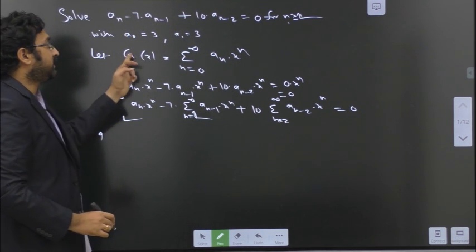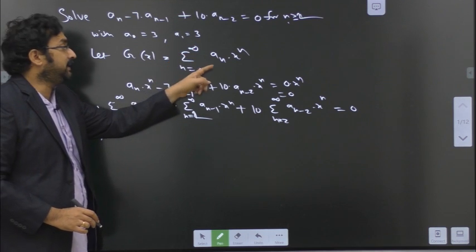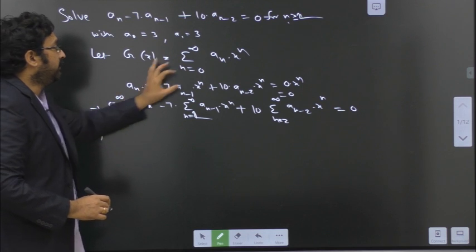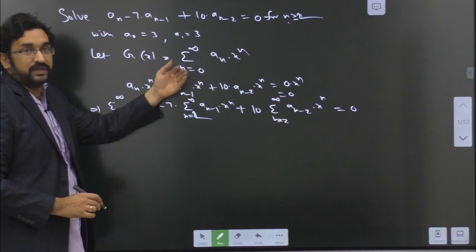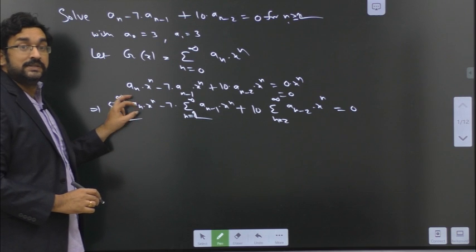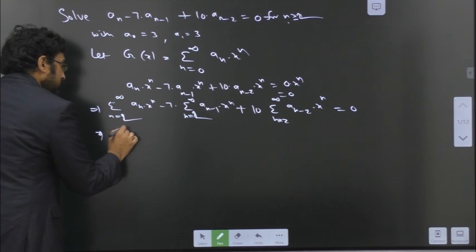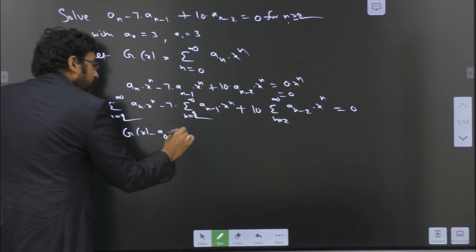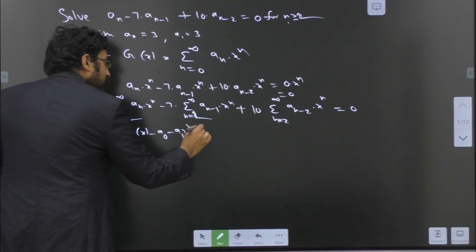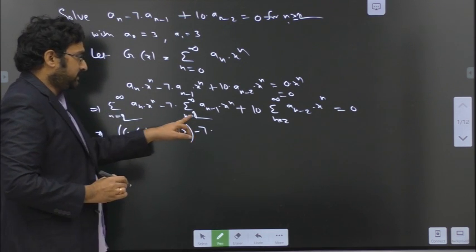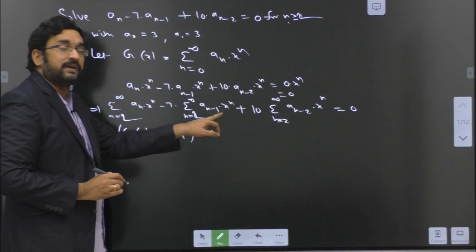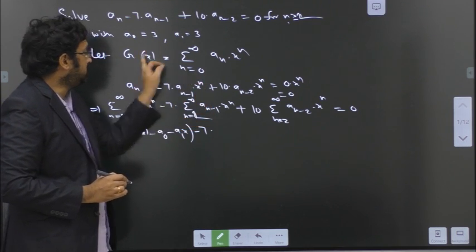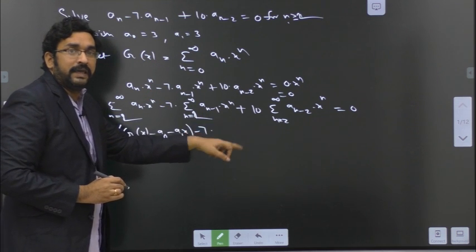So we know that g(x) means the sum from n equal to 0 to infinity of a_n x^n. Here the summation starts from 2 to infinity, so from g(x) if you remove the first two terms, it will be equivalent to this. So this can be written as g(x) minus a_0 minus a_1 x, minus 7 times, here the difference, n is 2, here it is 1, 2 minus 1 is 1, so the first term should be subtracted from g(x), which should be multiplied by x to the power 1.